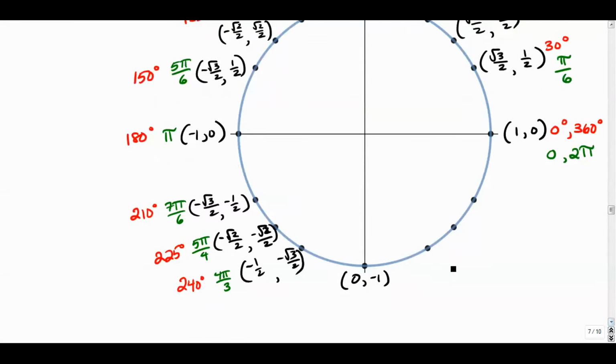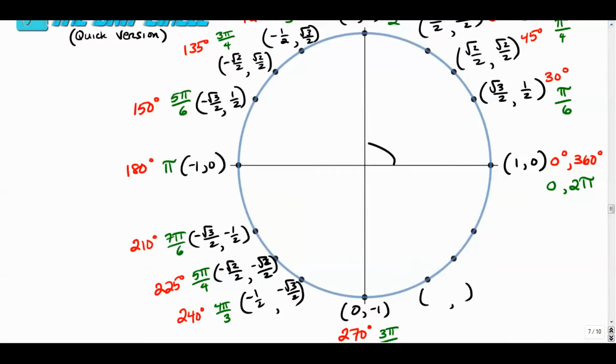Down at the bottom of our unit circle, we're dealing with 270 degrees, which is 3 pi over 2 radians. Next up, we encounter this guy. This is 270 plus another 30, so this is going to be 300 degrees.